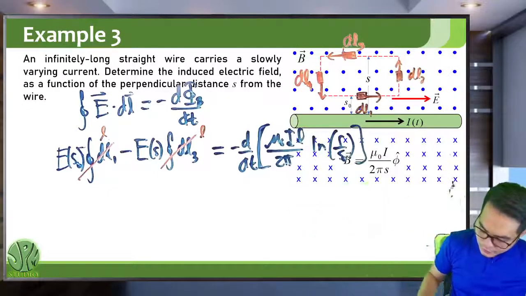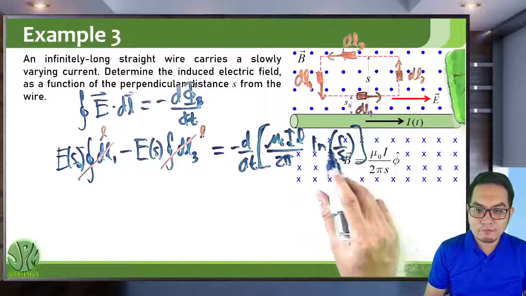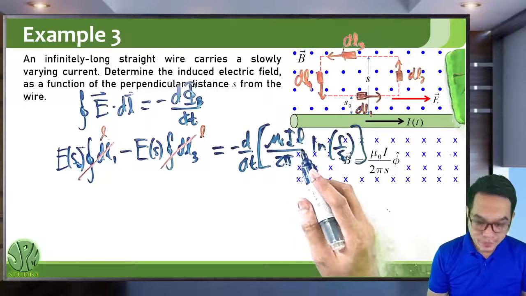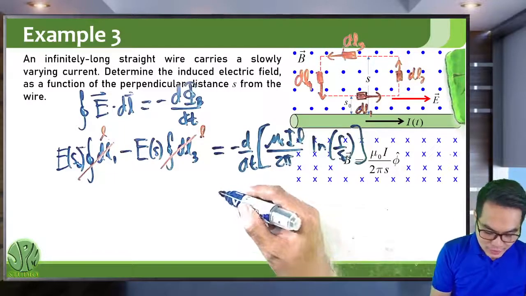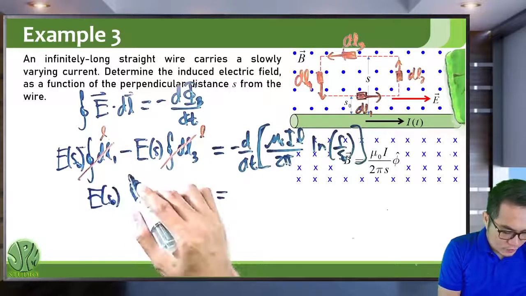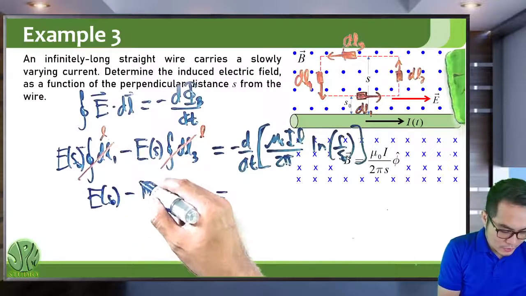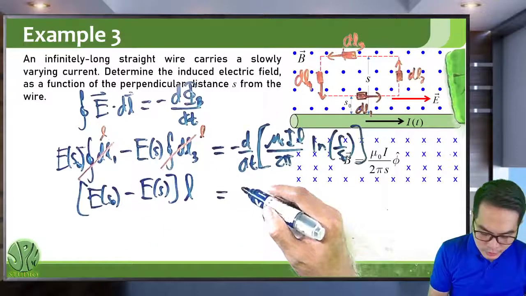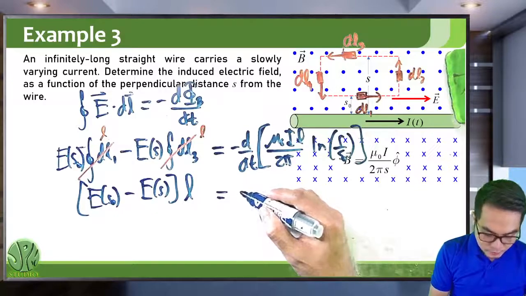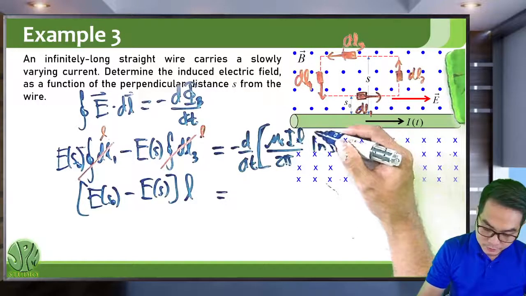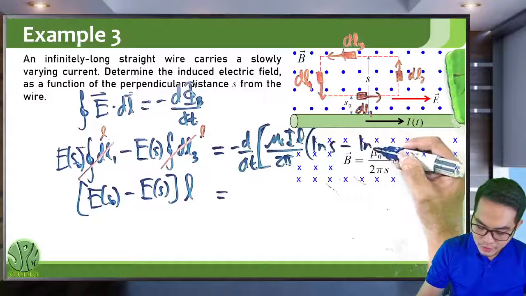Of course, the only thing that is changing with time in this equation is the current, because this is a slowly varying current. So with di dt, this now becomes electric field at S naught times L, minus electric field at S multiplied by L. And ln of S over S naught is basically ln of S minus ln of S naught.